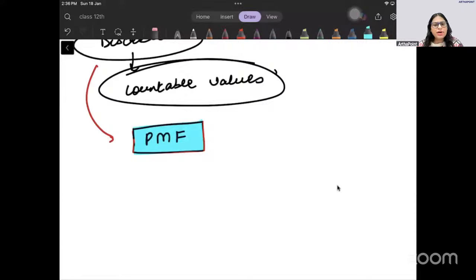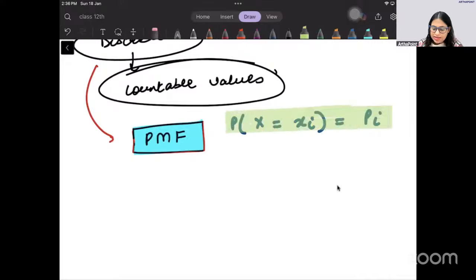Probability mass function is nothing but the probability associated with the random variable. So whatever probability is related to the random variable, that will be called probability mass function.